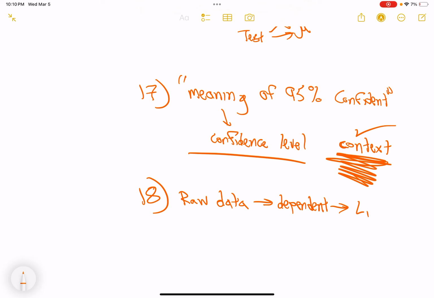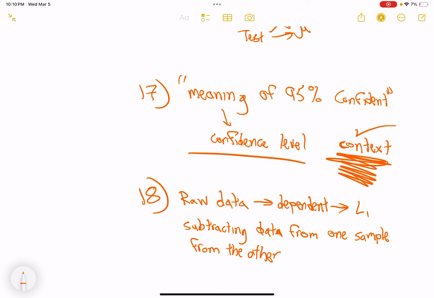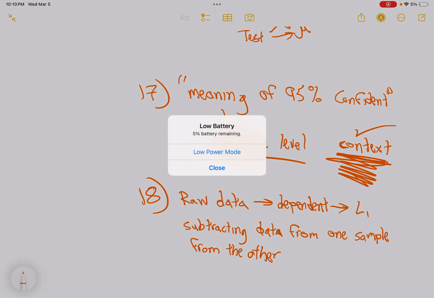So first you'll have to subtract the data from one sample from the other. And you'll know it's dependent. It will say in some way in the question, it'll be clear to you that these are dependent samples. And you will have to go through and subtract each data point from the other. There won't be many of them, it'll be like 10 data points, but you will have to do those subtractions.